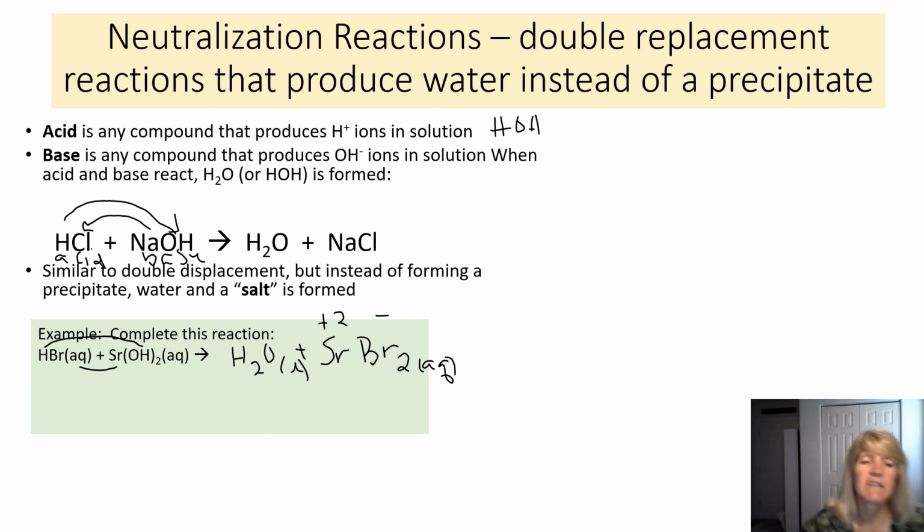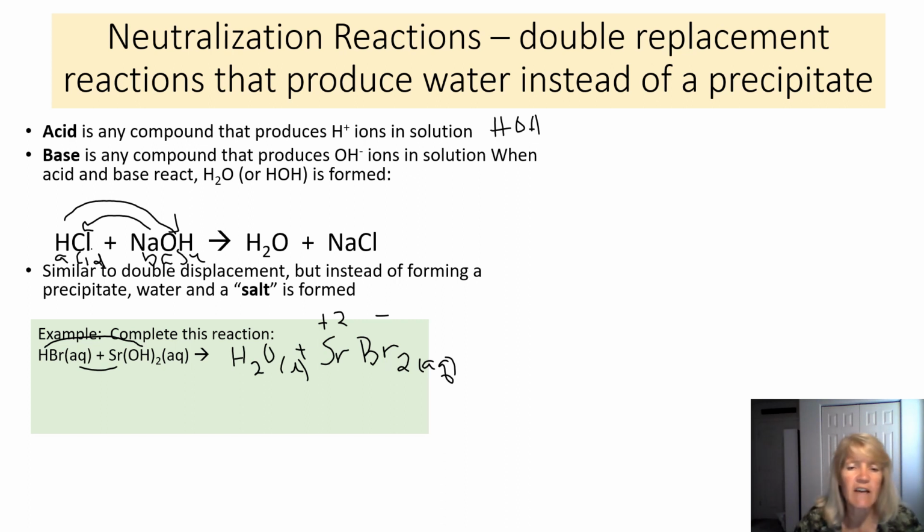Usually the salt is aqueous. So in our last example, the salt was NaCl, which naturally you would call salt. But salt is actually a broader term, and any ionic compound that's not an acid or a base is considered a salt. So the strontium bromide in this case is the salt.